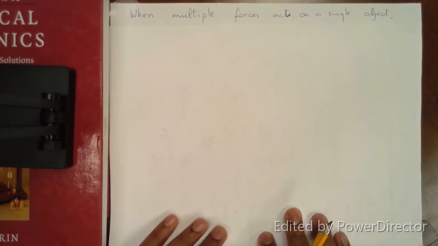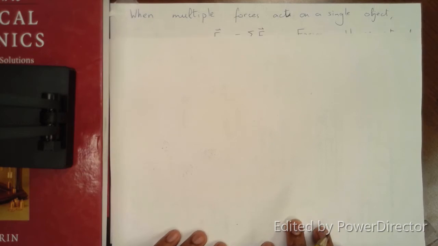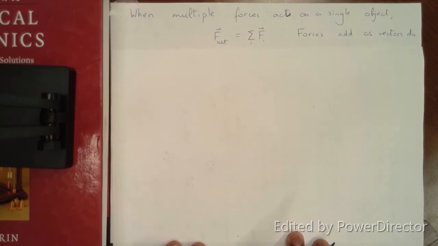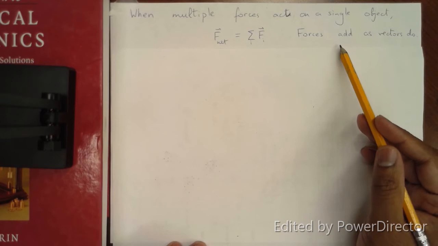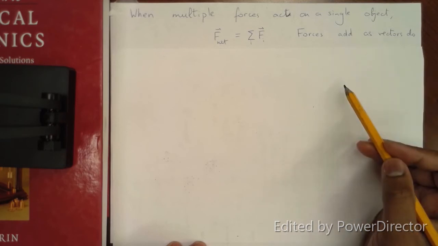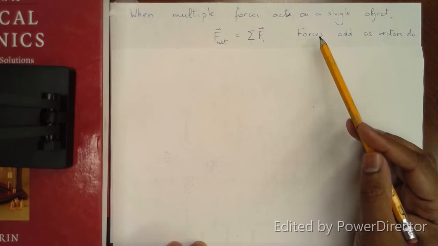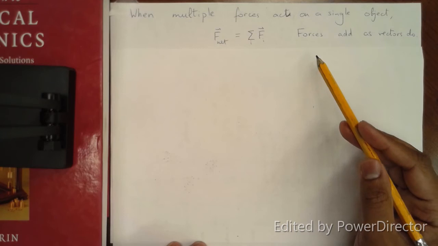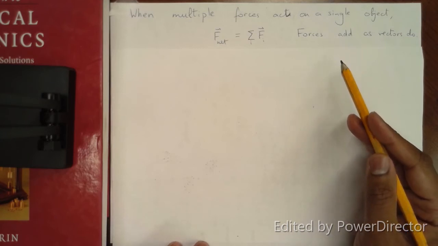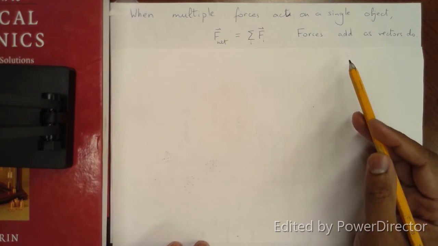When multiple forces act on a single object, we say that the net force, the net resulting force of all those individual interactions, is simply the sum of those forces added as vectors add. So our identification of force as a vector has important properties, because it tells us how those forces add.